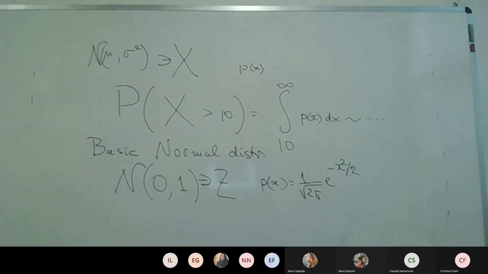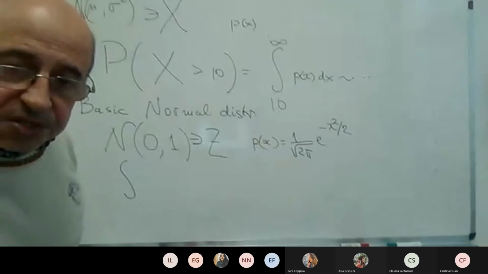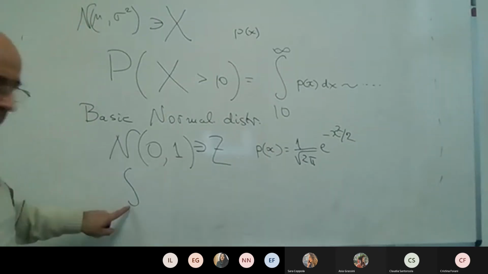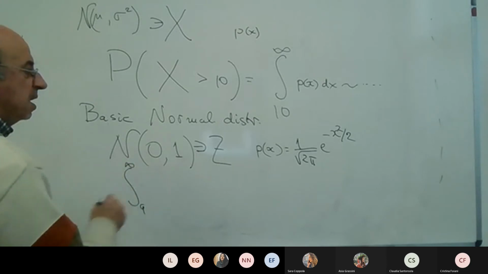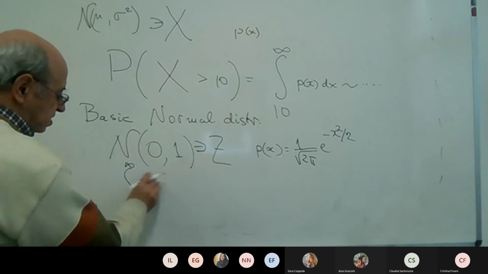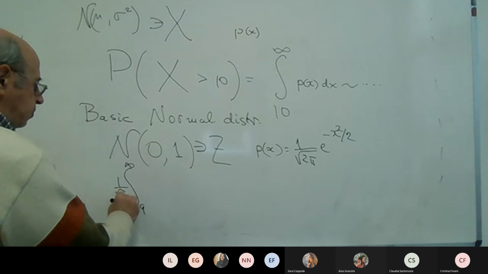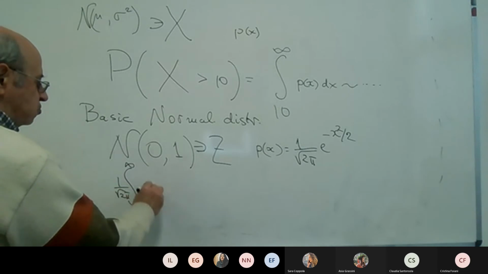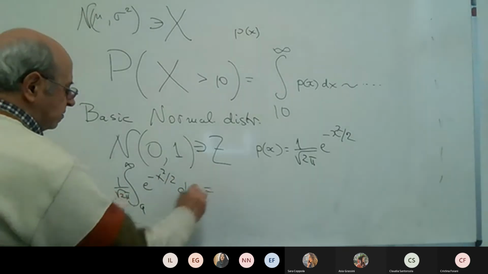And when you have integrals, I hope you can see now, the integral from a to infinity of p of x, this is exactly 1 over square root of 2 pi, e to the power minus x squared divided by 2, dx.